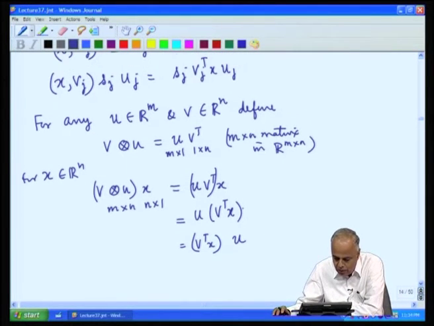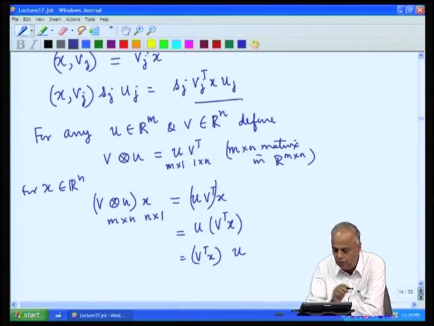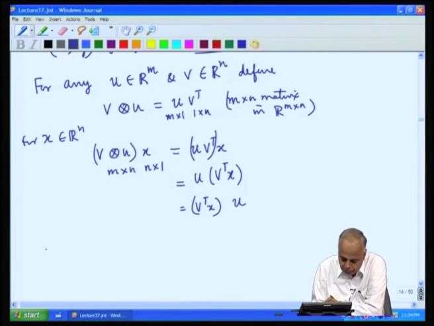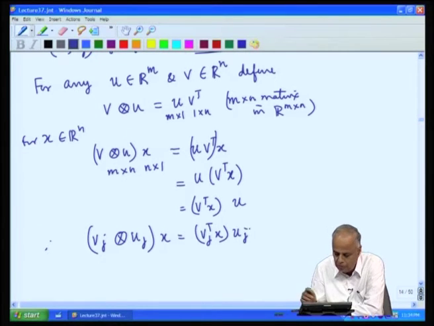If we use that notation, we will see that v j transpose x times u j can be written as v j tensor u j acting on x. Therefore, v j tensor u j acting on x is v j transpose x times u j.